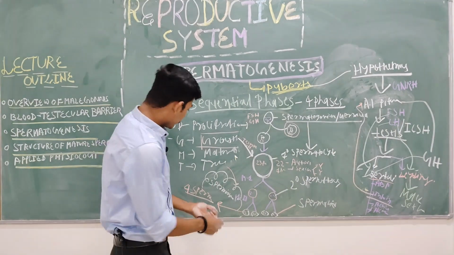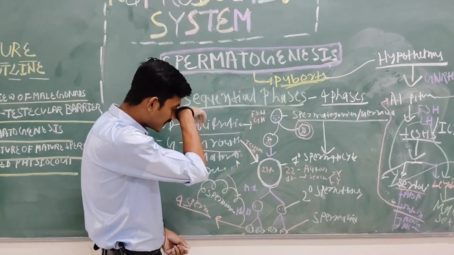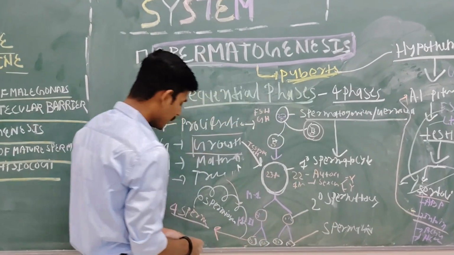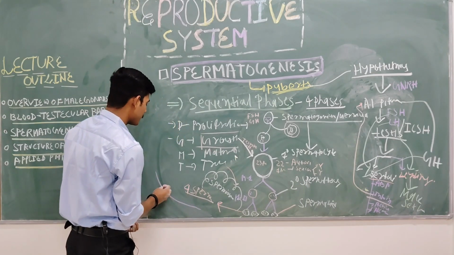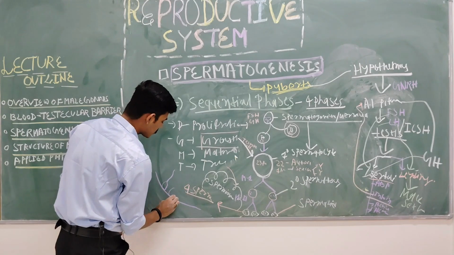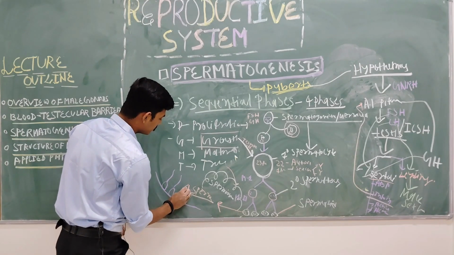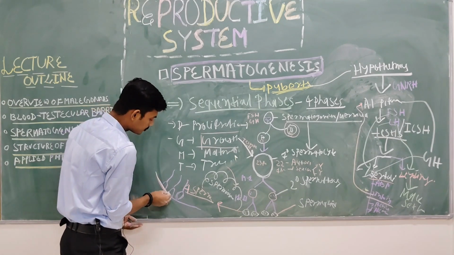Now the sperms formed by the process of spermatogenesis through the spermatid are embedded in the Sertoli cell, basically their head. The sperm head is beautifully embedded in the Sertoli cell.